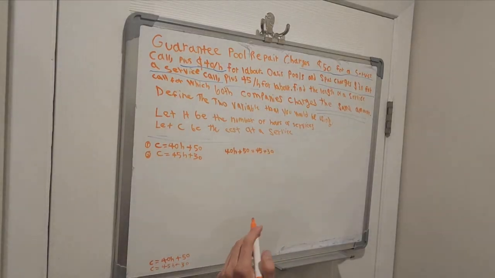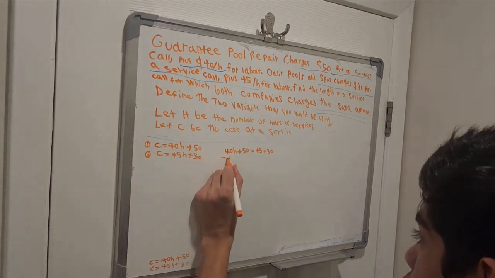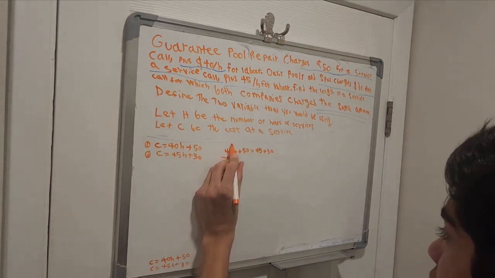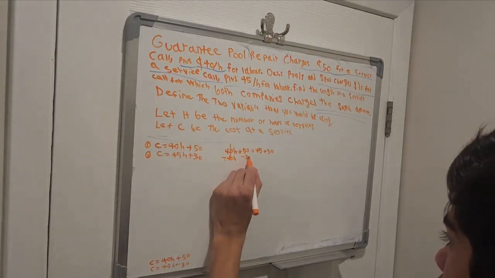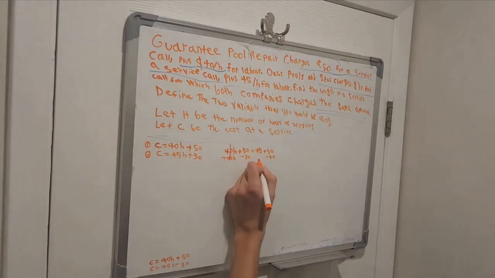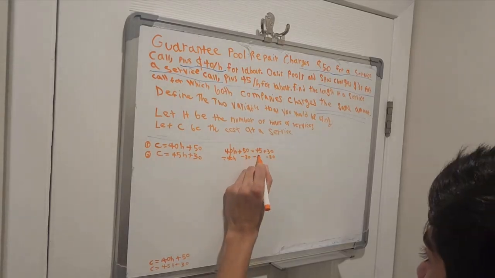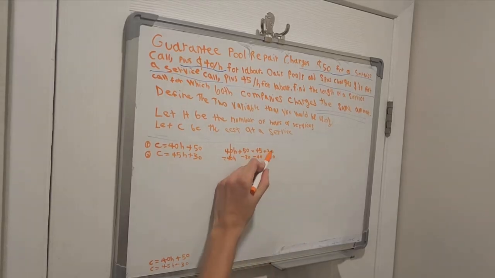But now we gotta move to the other side, so we gotta do negative 40h, which cancels out, and negative 30, because we're doing negative 30 here, and we're doing negative 40h. So we switch sides, so they can cancel out.